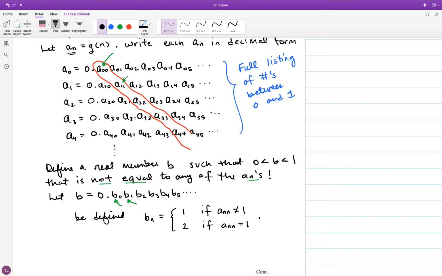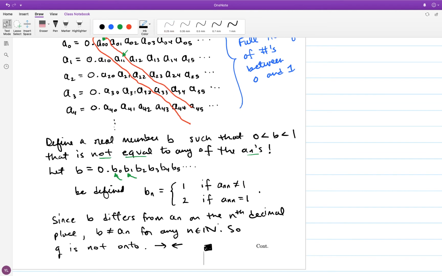And so what I'm going to do then is define this number b, which has just a bunch of 1s and 2s in its decimal expansion. And each one of those 1s and 2s was carefully selected so that, for example, b4 does not look like a44. So that makes b not look like a4.